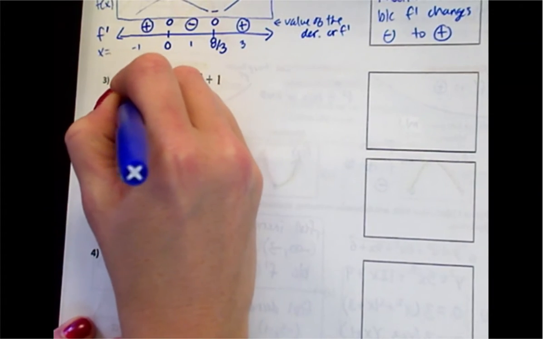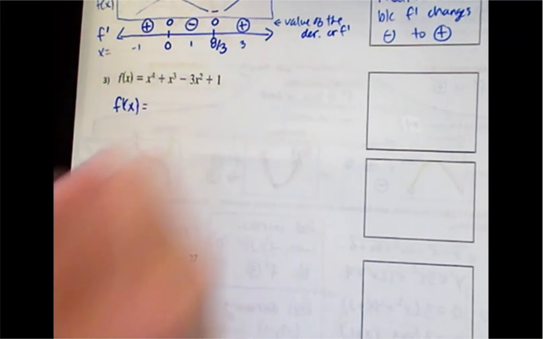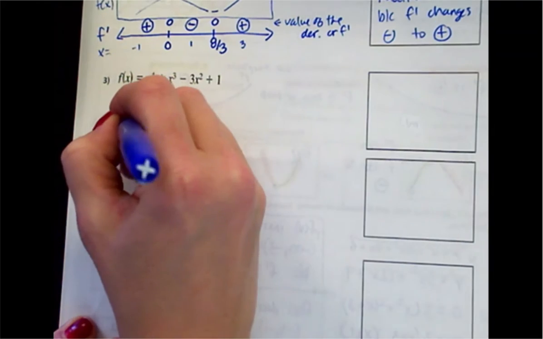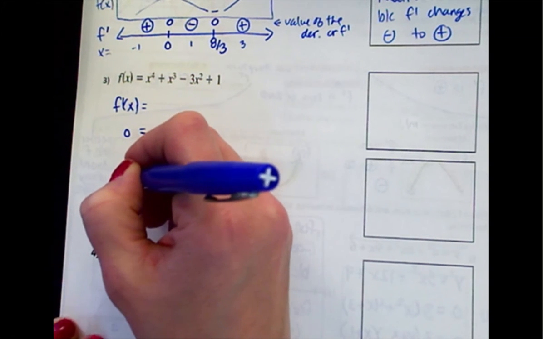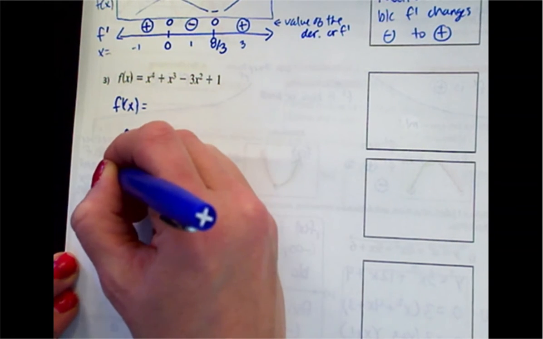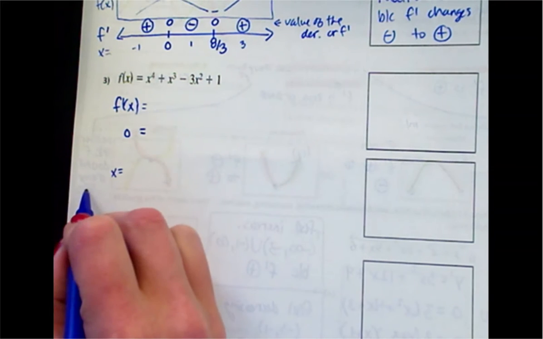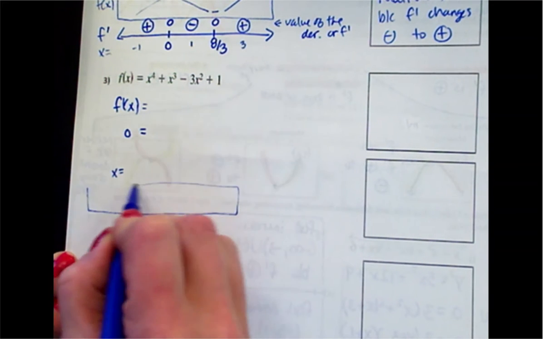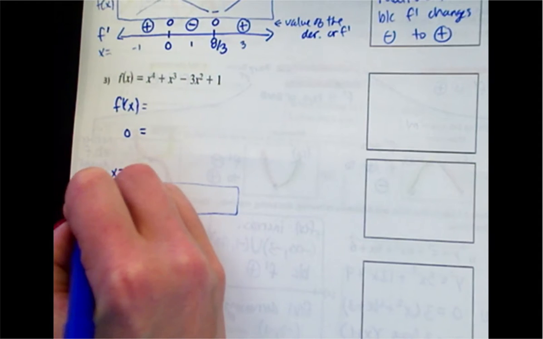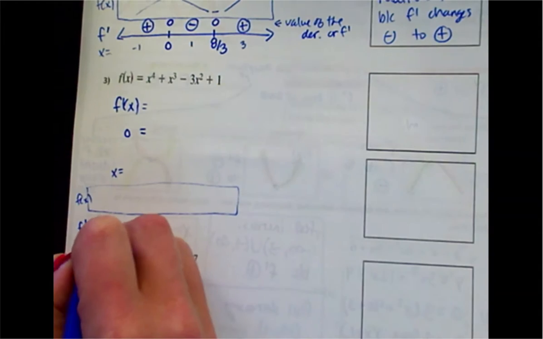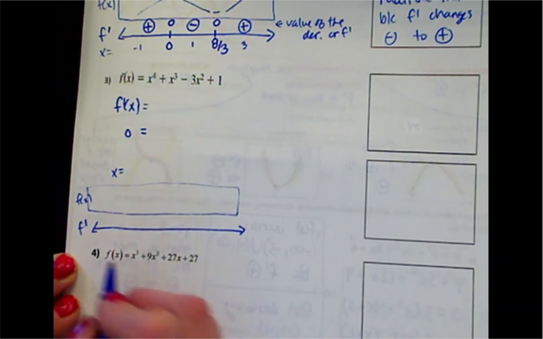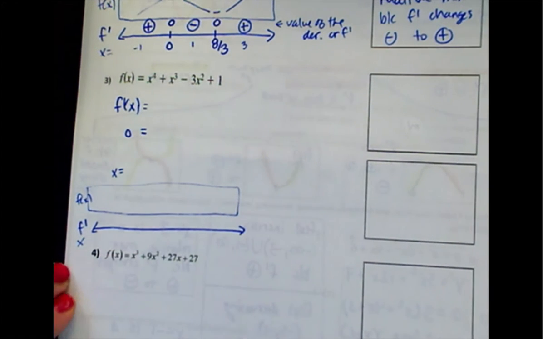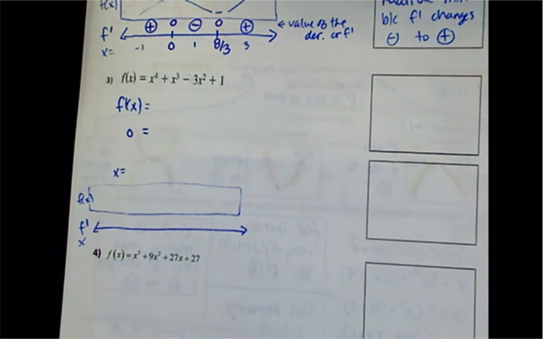F prime equals 0, find your x's. Okay, see what you can fill out.